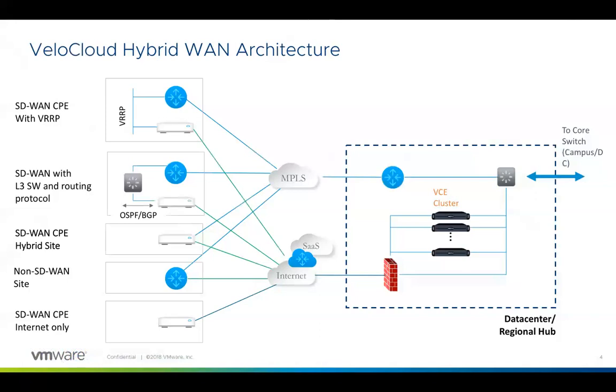So that's where you have an option of building overlay tunnels from the branch towards the VeloCloud Gateway, so that you can optimize SaaS applications going to the internet.